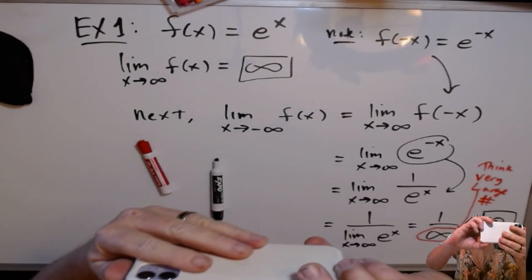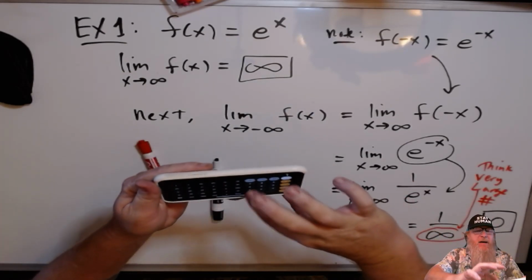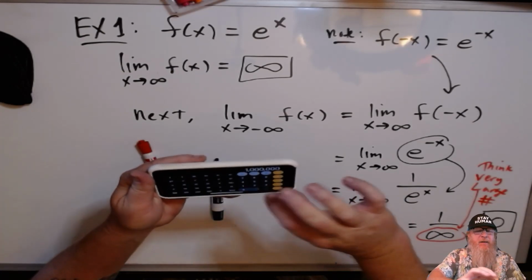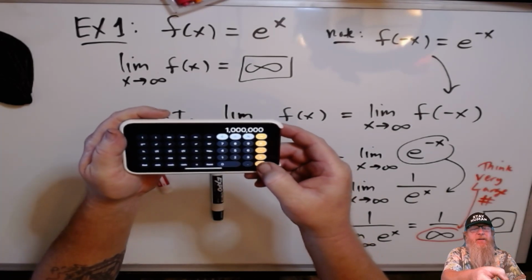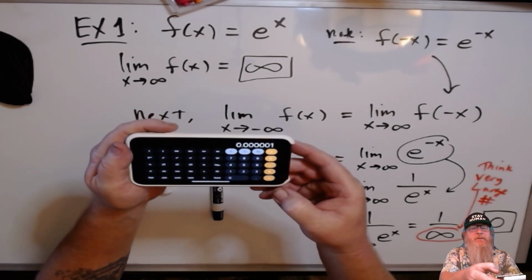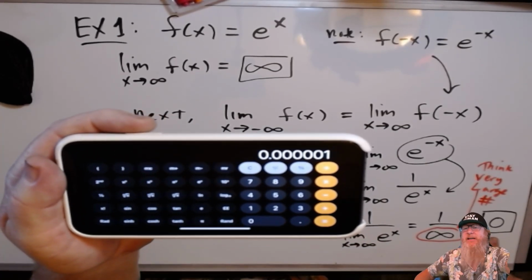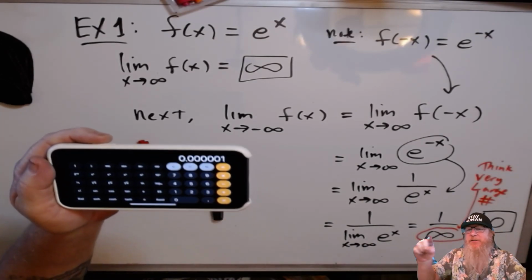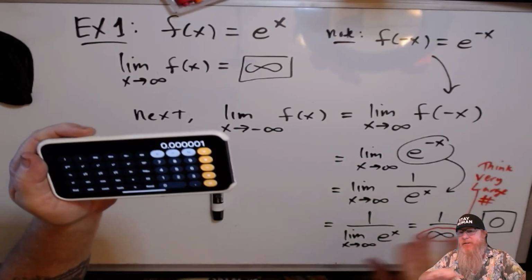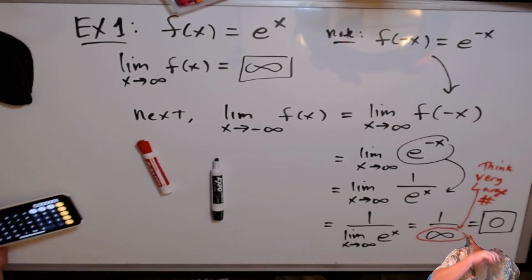If I turn my calculator this way, let's do 1 divided by 1,000,000. I already typed in the divided by, so let's just hit equals. Look at how small that is. If I made a table of values, it would be 0.000001, and then more zeros, and it would just keep getting closer and closer to 0.